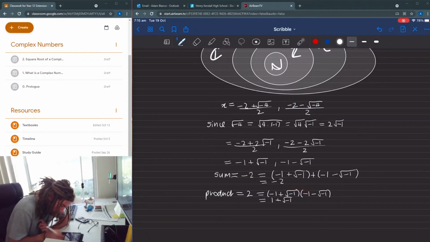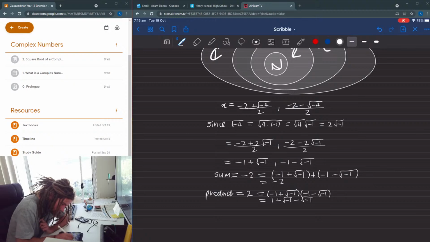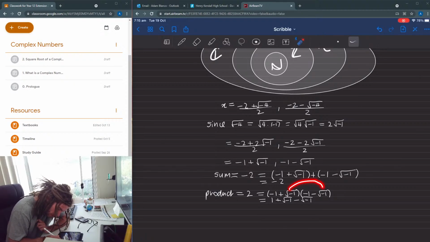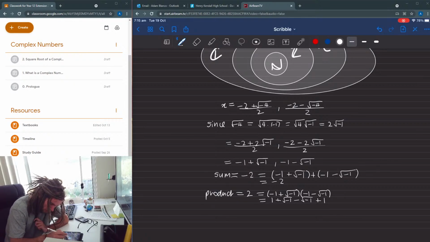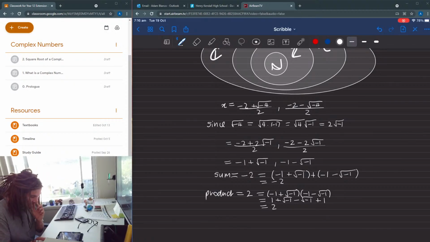That times that is going to be minus root minus 1. And then that times that is going to be -1. Is that right? No, +1. I feel like I've stuffed that up. Anyway, then they're going to cancel, and I'm left with a 2. So I found that the product is also consistent.